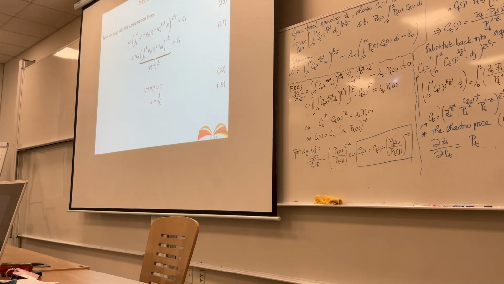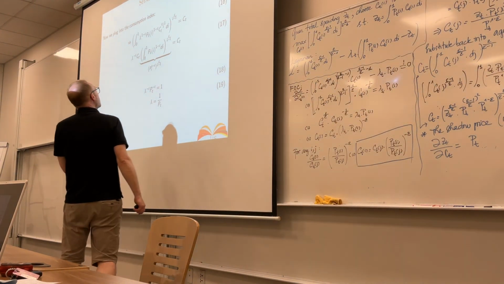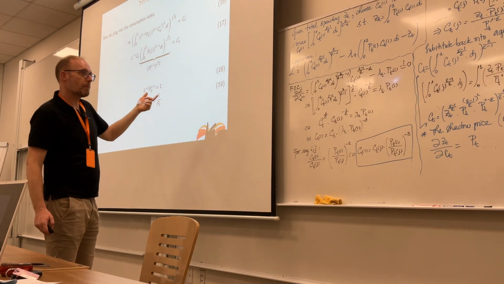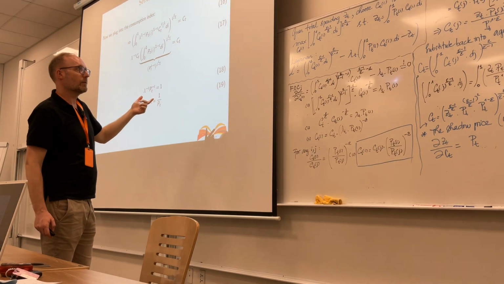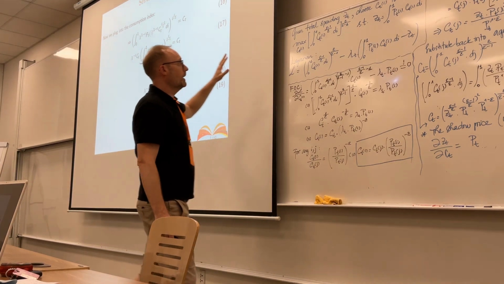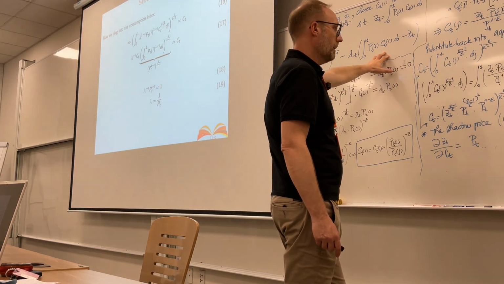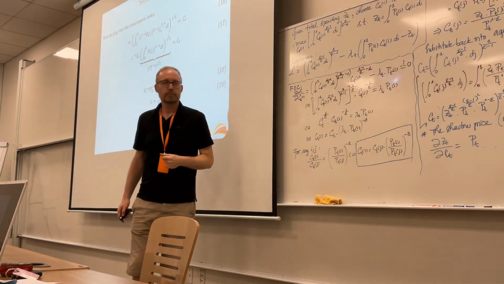So how do we interpret this? We have the shadow price of consumption. I'm going to write the shadow value, which is why those are just inversely related.